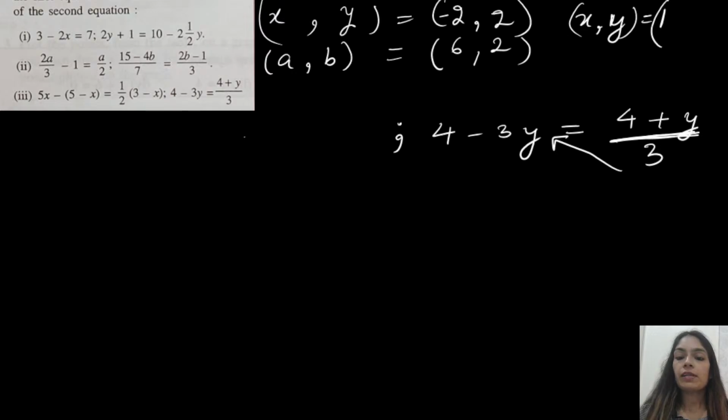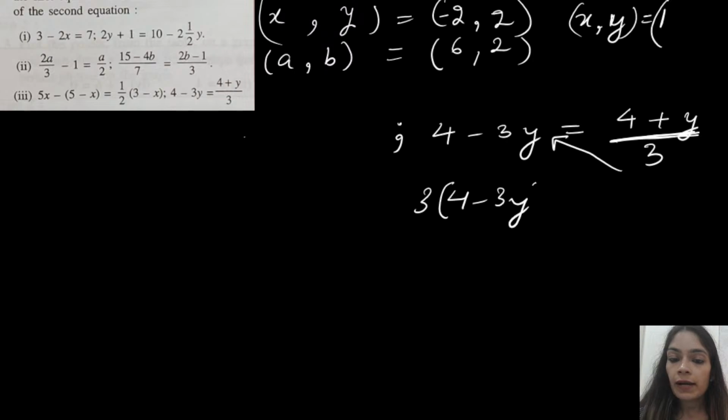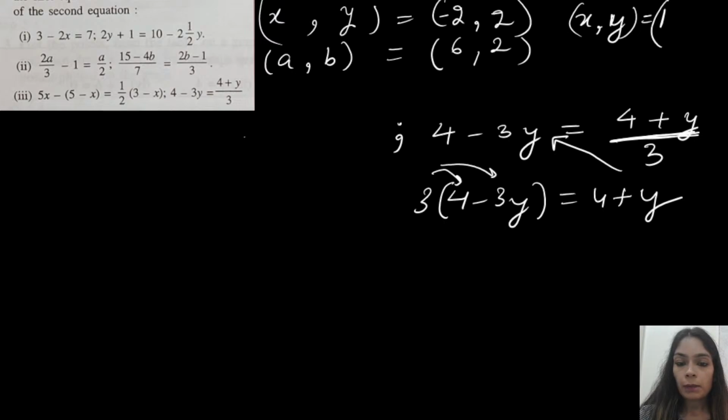If I am shifting this 3 to the other side, it will get multiplied with the full expression. 3 into 4 minus 3y is equal to 4 plus y. Now let us open the bracket. So this will become 12 minus 9y, 3 into 4 is 12, 3 into 3 is 9, is equal to 4 plus y.